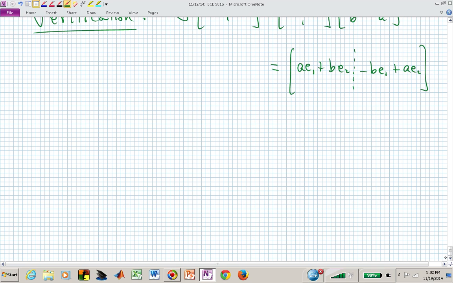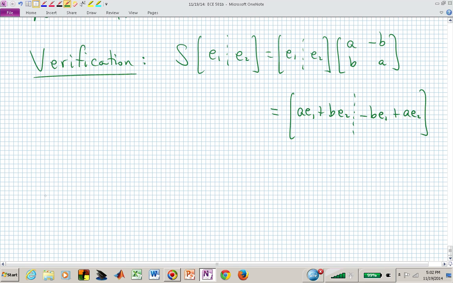Now, if we look at the norm of SE1 squared, that's now saying that we're interested in the norm of AE1 plus BE2 squared. But remember, E1 and E2 are orthonormal vectors, aren't they?